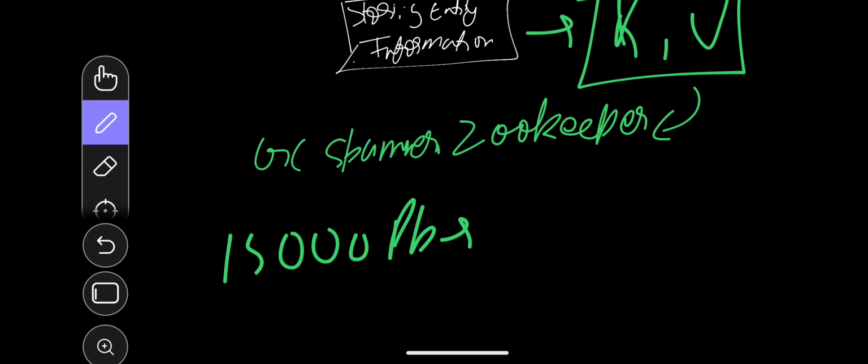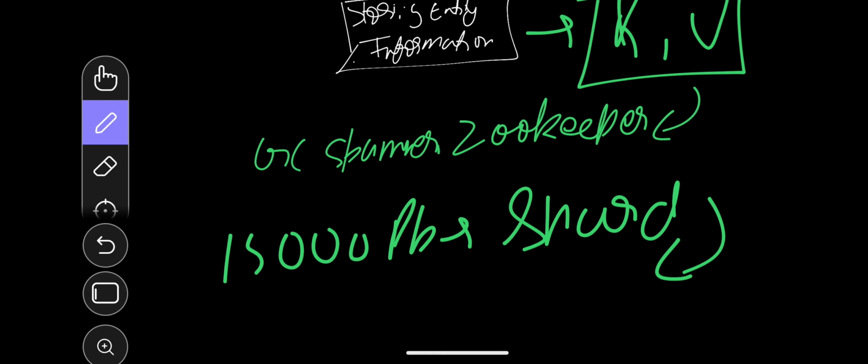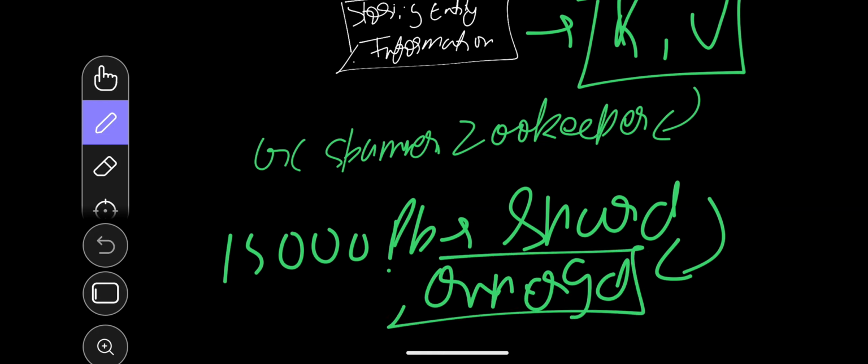So instead we can shard on the basis of owner ID, because then we can edit the metadata of multiple entities atomically with a single transaction, since a lot of the entities belong to the same user. So sharding this whole 15,000 petabyte on the basis of owner ID is the best possible case here.